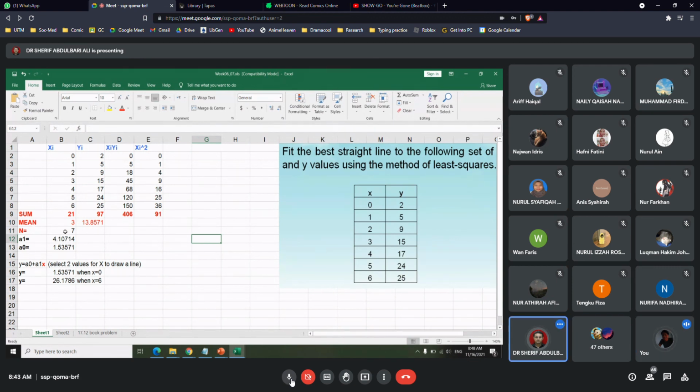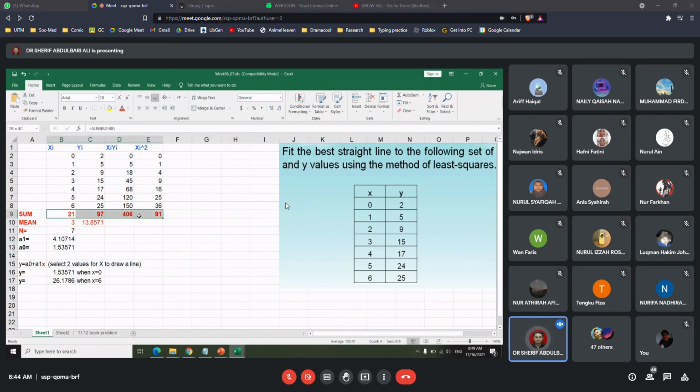Which one is wrong? Maybe your calculations for any of the values here are wrong. Maybe your summation is wrong, or the mean is wrong, or n is equal to 6, which is actually n is equal to 7 here. It's supposed to get these two values.